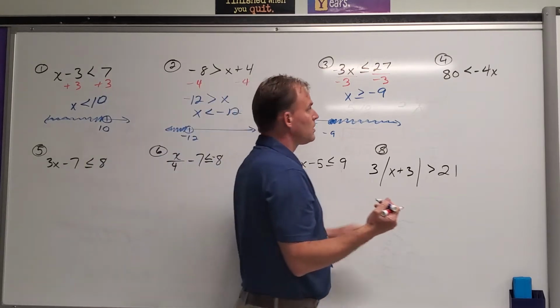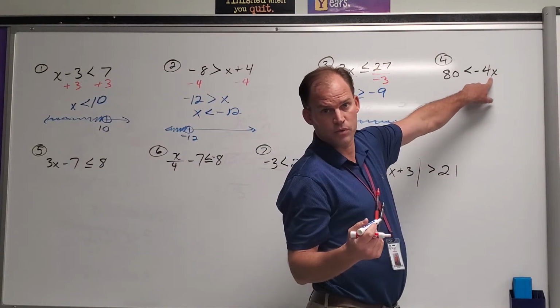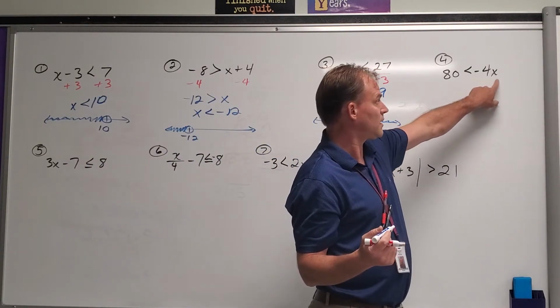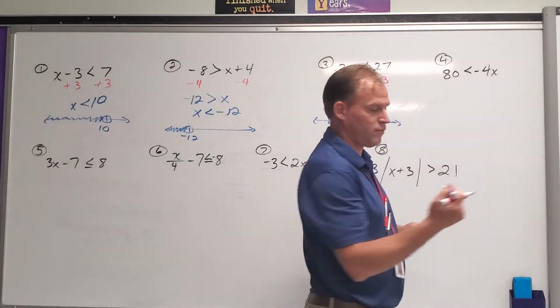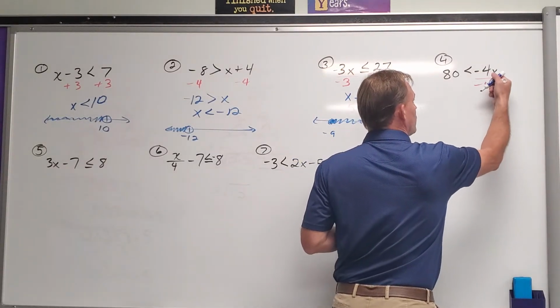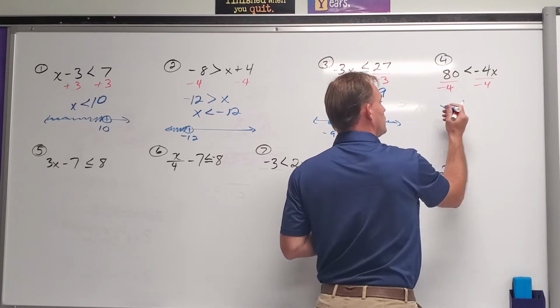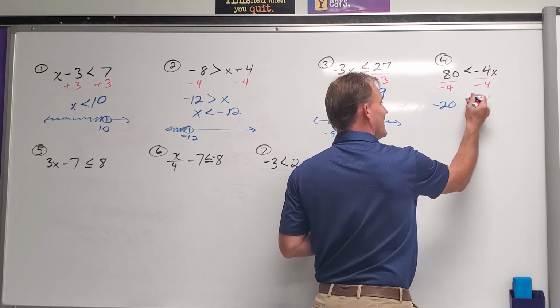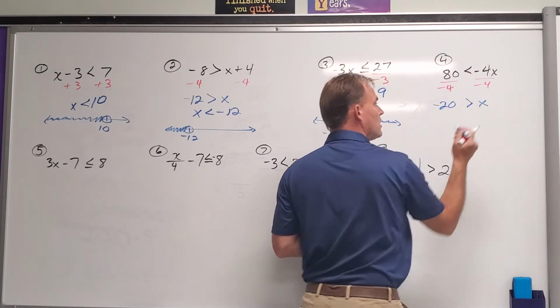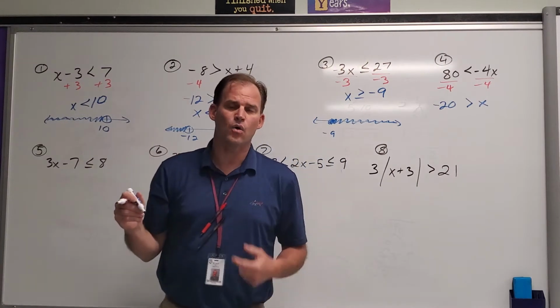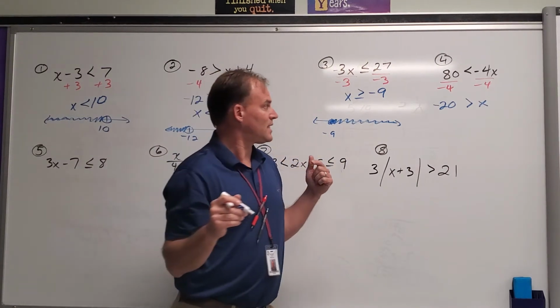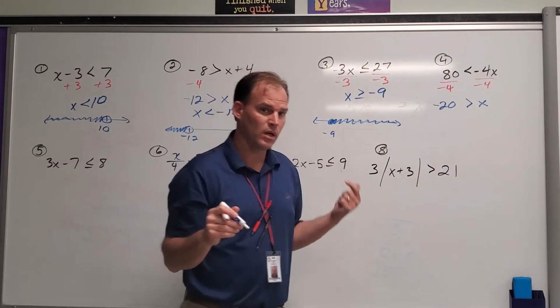Number 4, again, work from the variable side. This is -4 times x, so I flip the inequality because I divided both sides by a negative number. Now, this one is not mathematically required, but it's helpful.